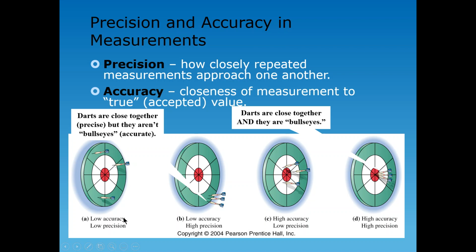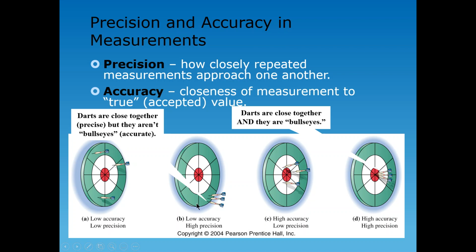So in this case, to the extreme left, you see that when this person threw the darts at the dartboard, the darts are all over the place. They're far from each other, and they're far from the bullseye, right? So this reflects a situation of low accuracy and low precision.